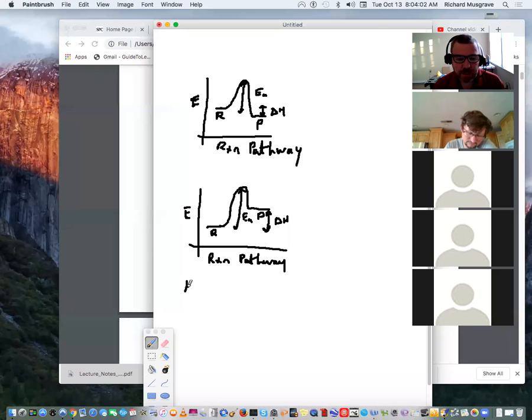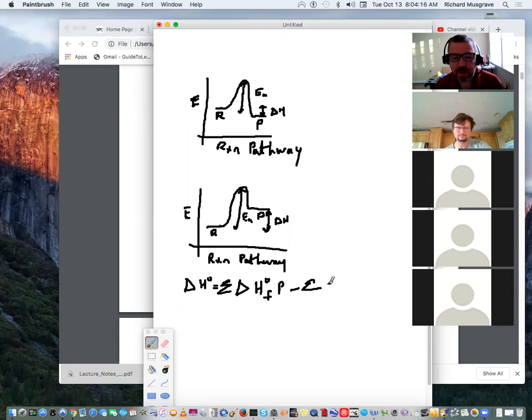Now the delta H is determined by the equation that we learned about back in Chem 1. Delta H naught of formation of the products minus the sum of the delta H of formation of the reactants.